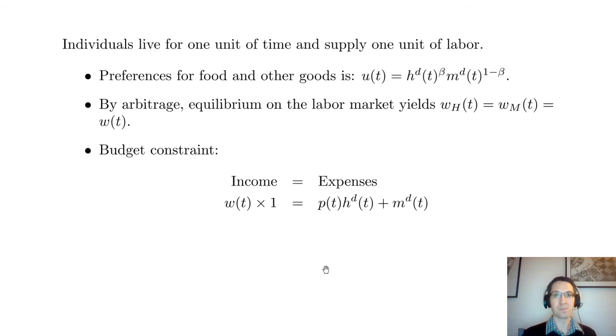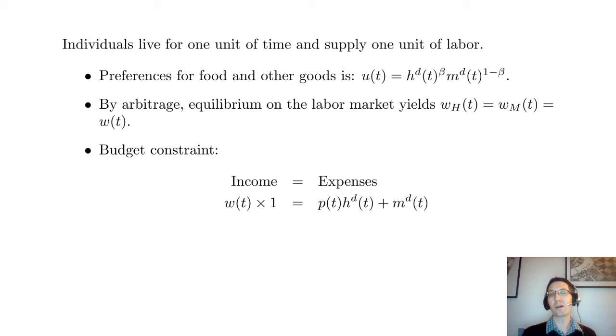Alright. A couple of other details. One, now I'm not going to consider a representative islander, but I'm going to model every islander, so it's going to be a small u. But obviously the preference is going to be the same.